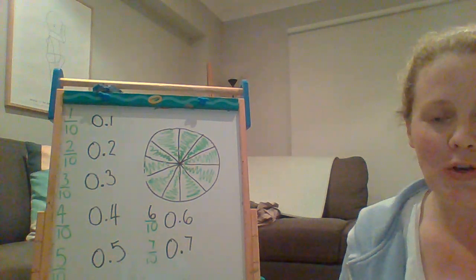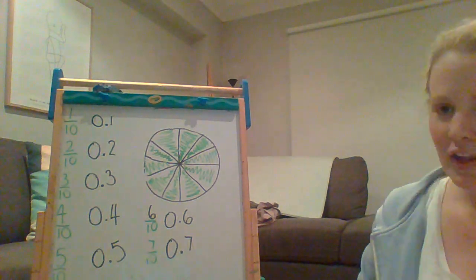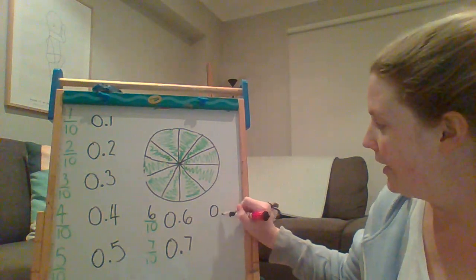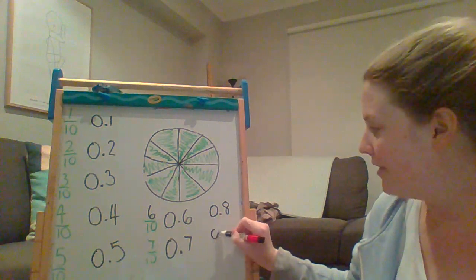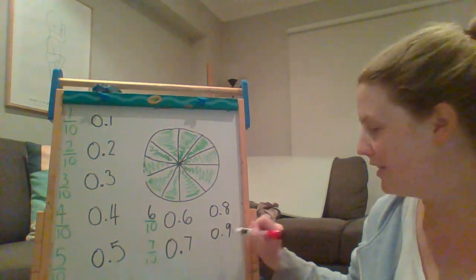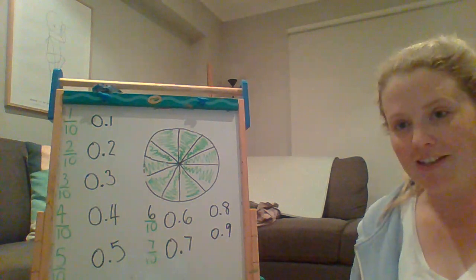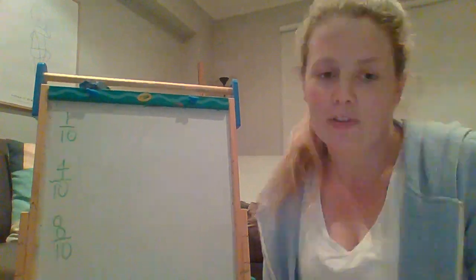Pause the video, and then when you're done, press play. So 8/10 would look like this as a decimal, and 9/10 would look like this as a decimal. Excellent.